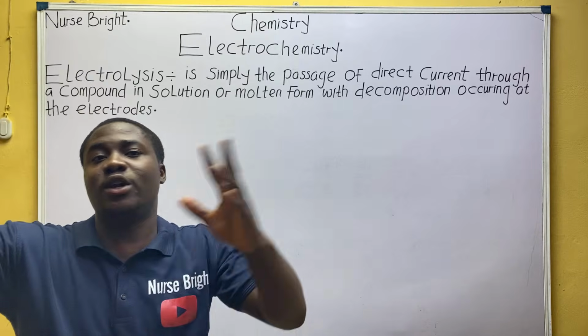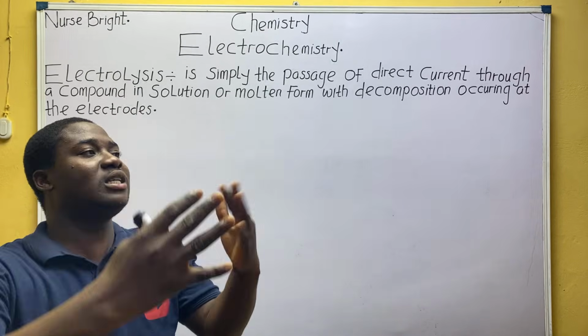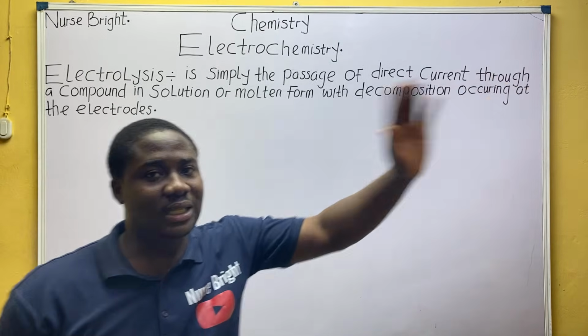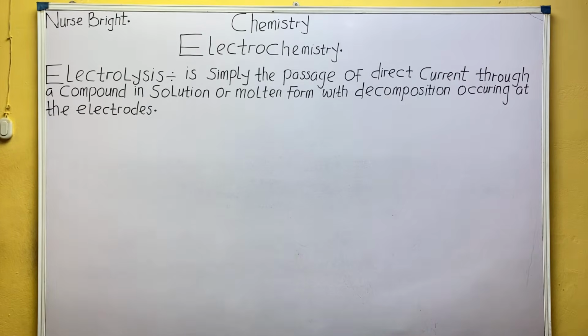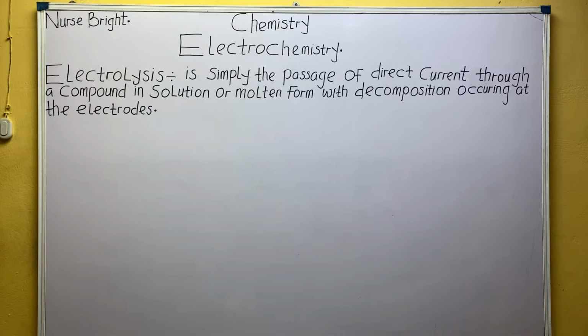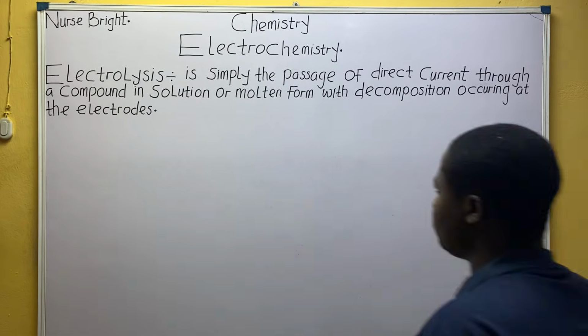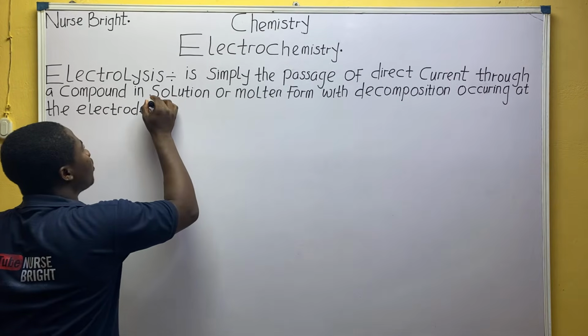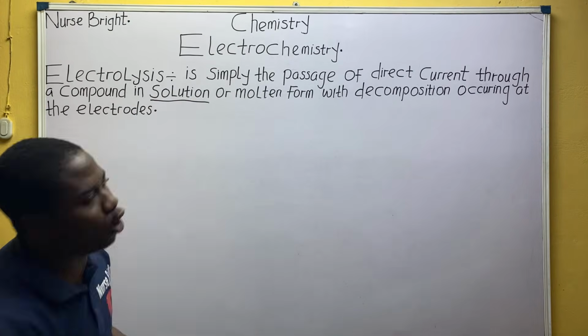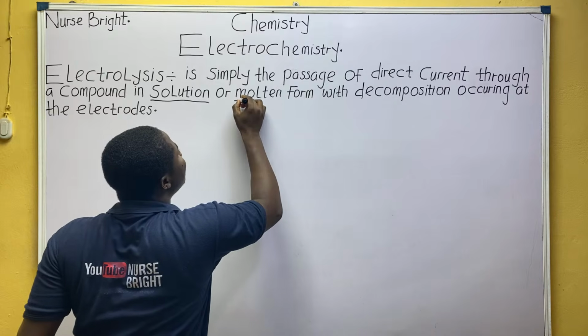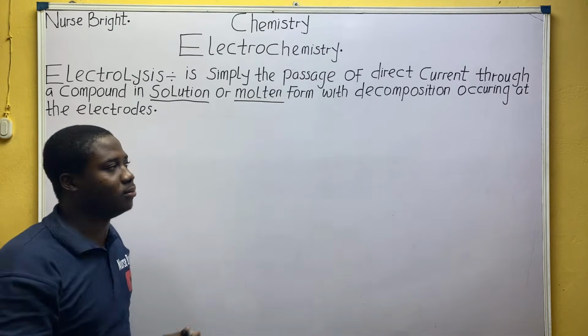In physics, the current passes through a wire, but in chemistry, it is passed through a compound, and this compound can be in two forms: either in the form of a solution, or in molten form.